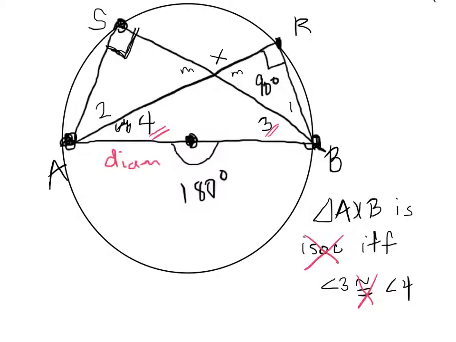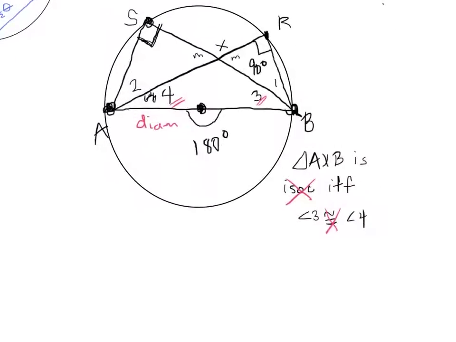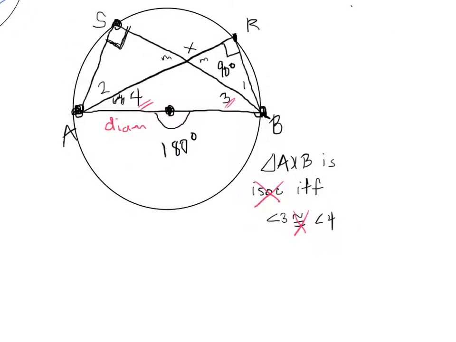So if we've got 90 and M, then let me zoom back out. I'm going to write it painfully obviously, but you probably already see it yourself. The measure of angle 2 plus 90 degrees plus M equals 180.